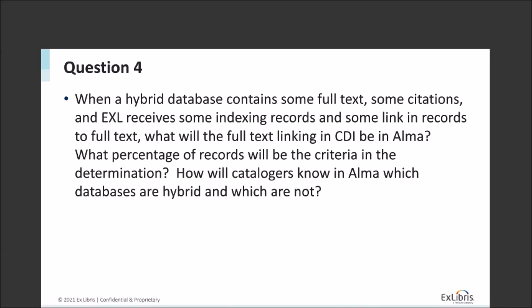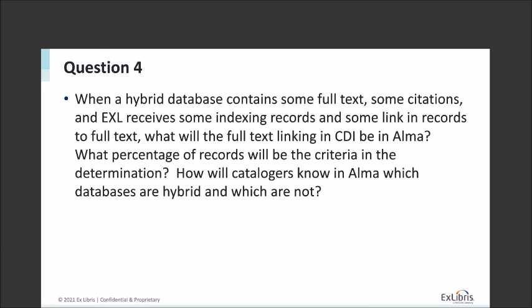Okay, so this is a question about the hybrid databases that we mentioned in the webinar as a future plan. When a hybrid database contains some full text, some citations, and Ex Libris receives some indexing records and some linking records to full text, what will the full text linking in CDI be in ALMA?